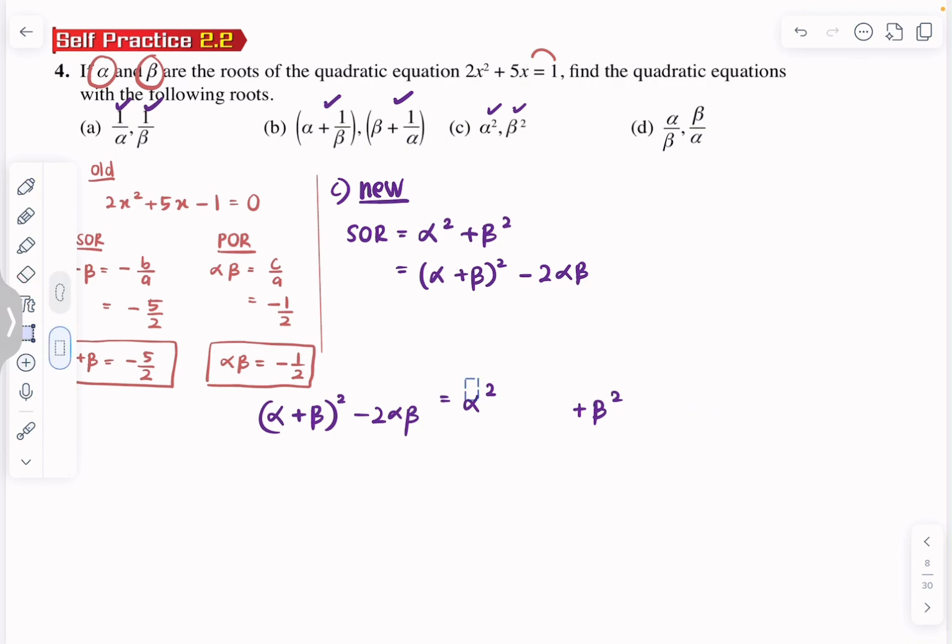So alpha square plus beta square will equal to alpha plus beta square minus 2 alpha beta.